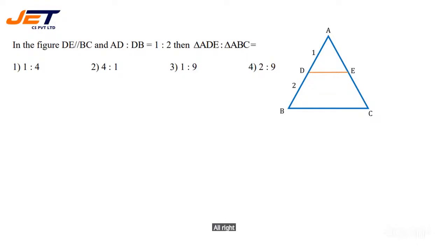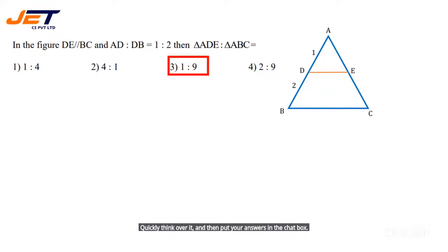You can think a little before you give the answers. Quickly think over it and then put your answers in the chat box. It is 1:9. All right, yes, see the next question.